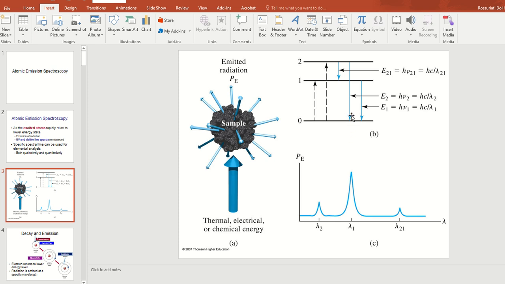That means higher energy, shorter wavelength. So this wavelength represents the one with the lowest energy. This graph or image here we call a spectrum. You have to remember a spectrum.